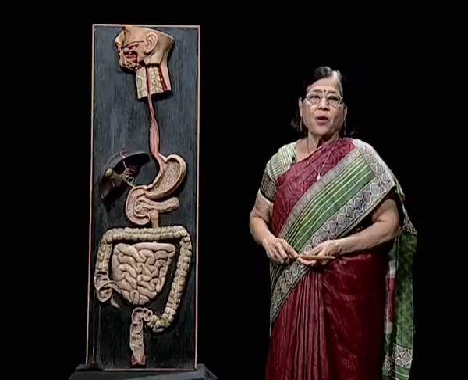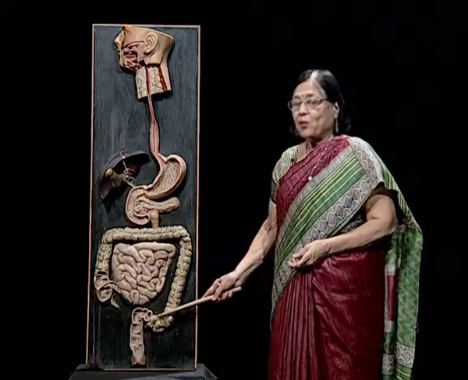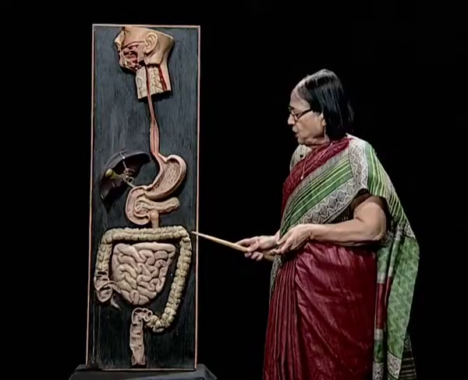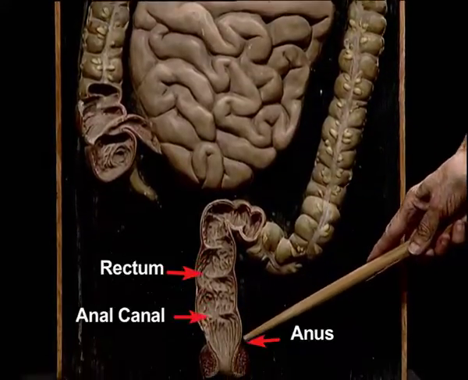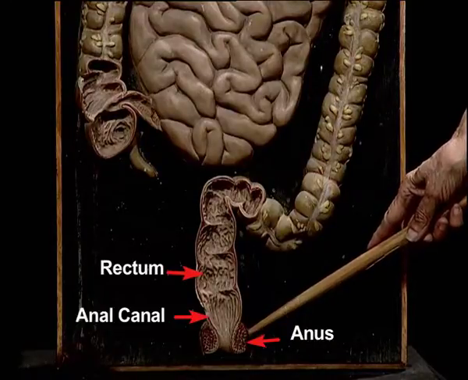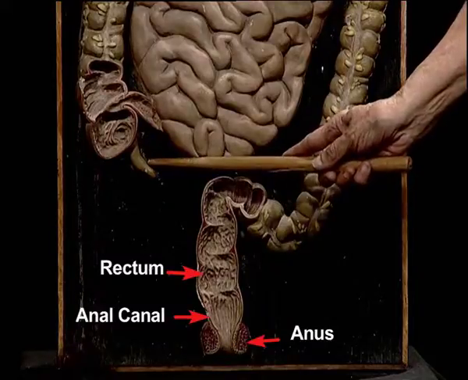So, having good toilet habits will also be good for you, otherwise you may have problems in this area of your alimentary canal. The large intestine continues as the rectum, anal canal and the anus, through which you throw fecal matter out. Do not forget to see this appendix.